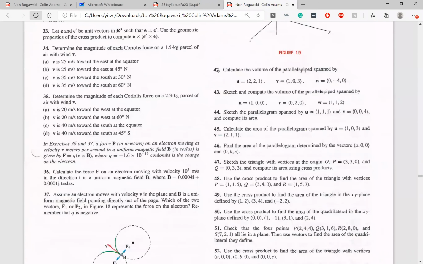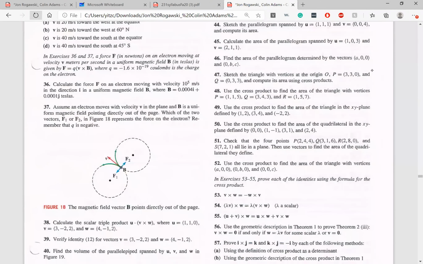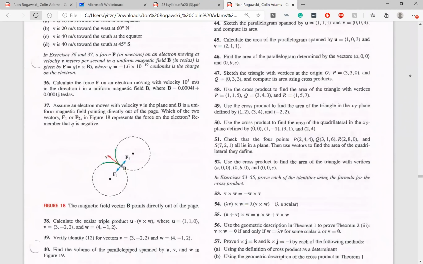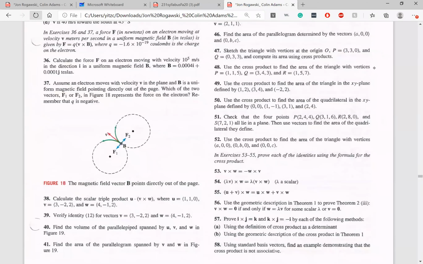Otherwise, you won't need to do anything related to that. What else? And then all this type of stuff: sketch a parallelogram, compute the area, find the area of a parallelogram, sketch a triangle, find the area, find the cross product. All of these types of questions I definitely might ask.